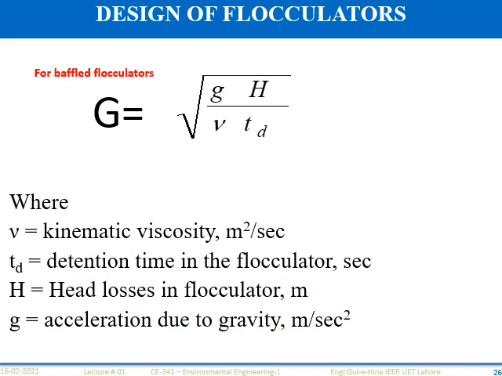So if you use baffle flocculators, G will be calculated by using this formula, which is equal to the square root of g times H over nu times td, where g is the acceleration due to gravity, H is the head loss in the flocculators, nu is the kinematic viscosity and td is the detention time in the flocculators.